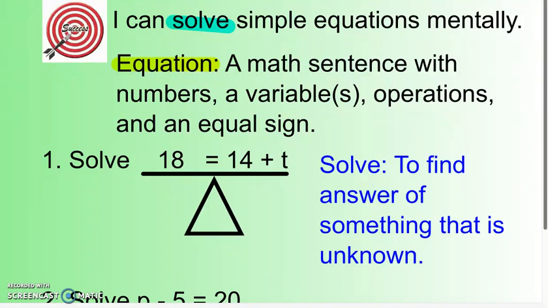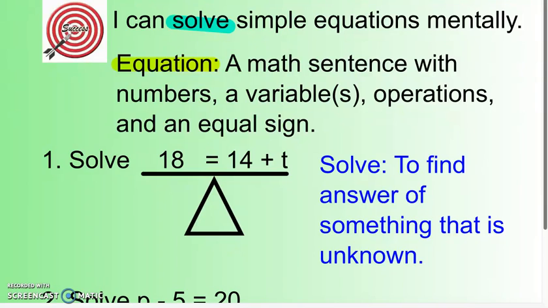So let's start off by defining equation. An equation is a math sentence with numbers, variables, sometimes even more than one variable, operations, and an equal sign.